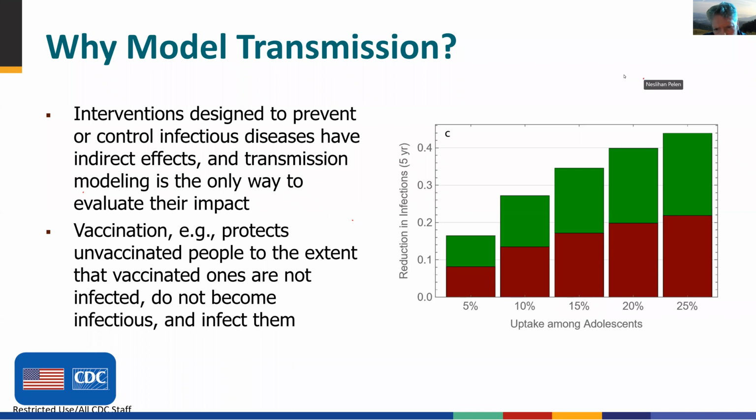And the green portions of these bars are reductions among younger and older people. So they are underestimates of the indirect effects. And you can see that they're the same order of magnitude as the direct effects. So these indirect effects can be really substantial portions of the story. And the only way to estimate them that I'm aware of is by a transmission model.